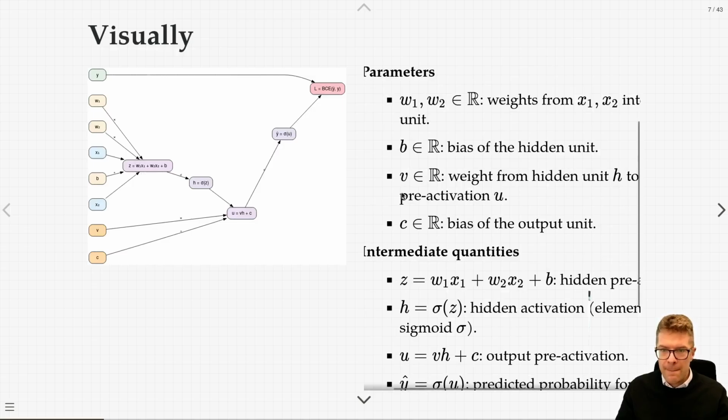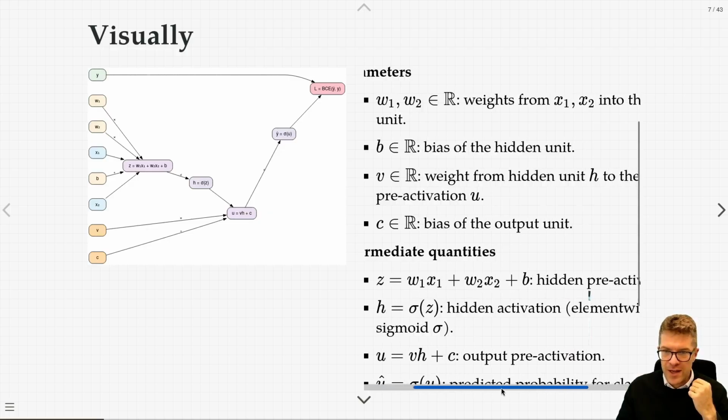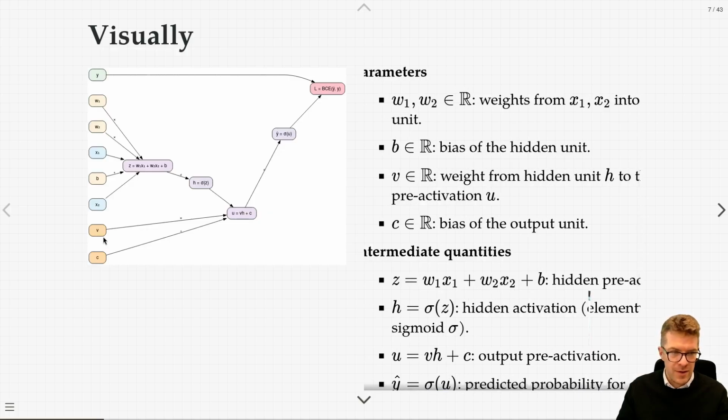We have additionally more parameters we can adjust. There's a weight for a hidden unit, which we'll get to in a second, which is v, down here in deep yellow. And then we have c, which is another bias term. So all of these yellow weights and biases are things we can adjust.